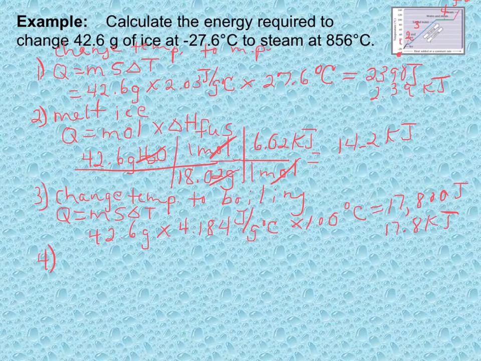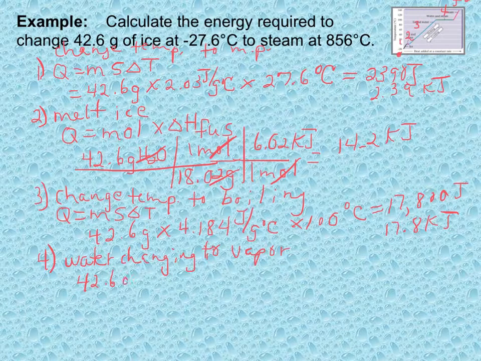Step 4, we're on another plateau, so this is going to involve water changing into vapor. This is a phase change. Water changing to a vapor. So we're going to take the mass, 42.6 grams, and remember Q equals moles times the heat of vaporization of water, which happens to be 40.6 kilojoules per mole.